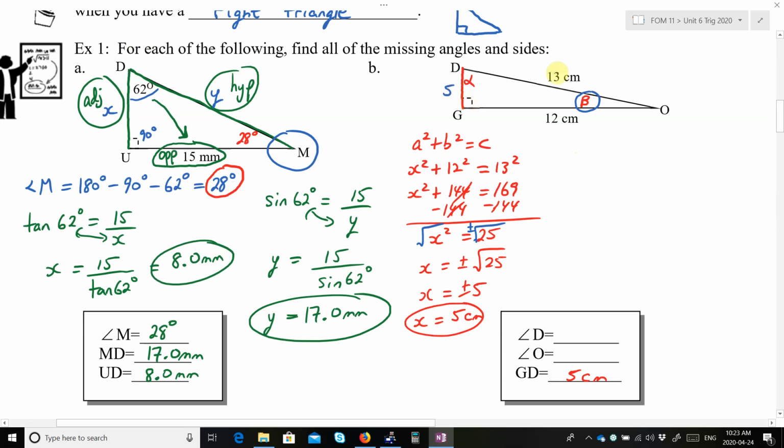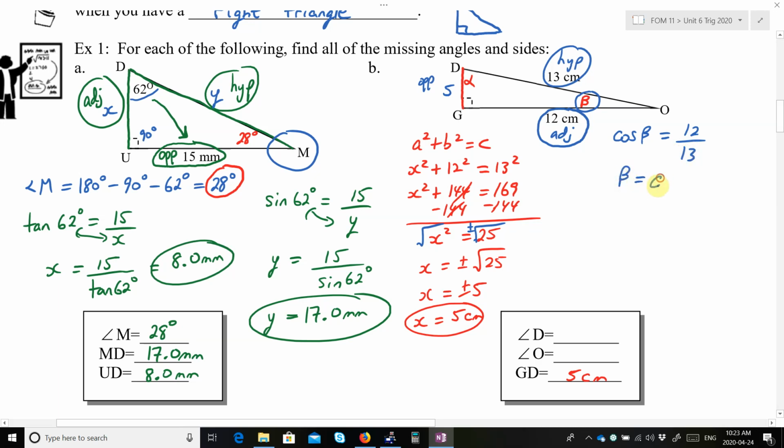Okay, across from the 90 degrees, this is the hypotenuse. And if I'm talking about angle beta, then this would be the opposite side, and this is the adjacent. Okay, and so we could use the numbers that they gave us for accuracy. So adjacent and hypotenuse, that comes from cos. So I would go cos beta equals 12 divided by 13.